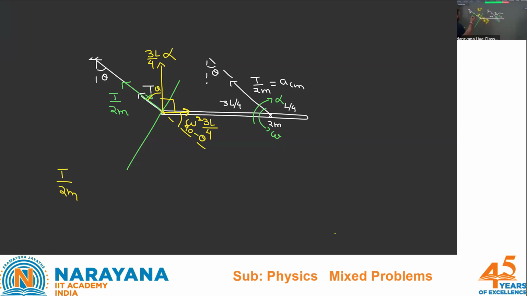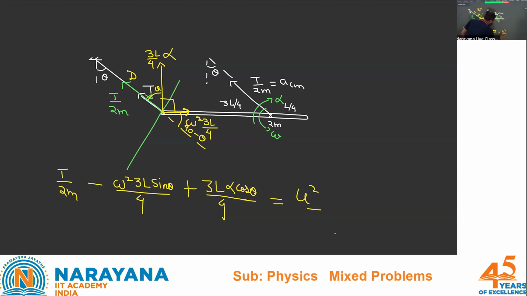So what I should write is T by 2m minus omega square 3L by 4 cos(90 minus theta). So that is the sin theta term, and plus 3L alpha by 4 and cos theta term for this. That should be equal to, if the length is d, u square by d.